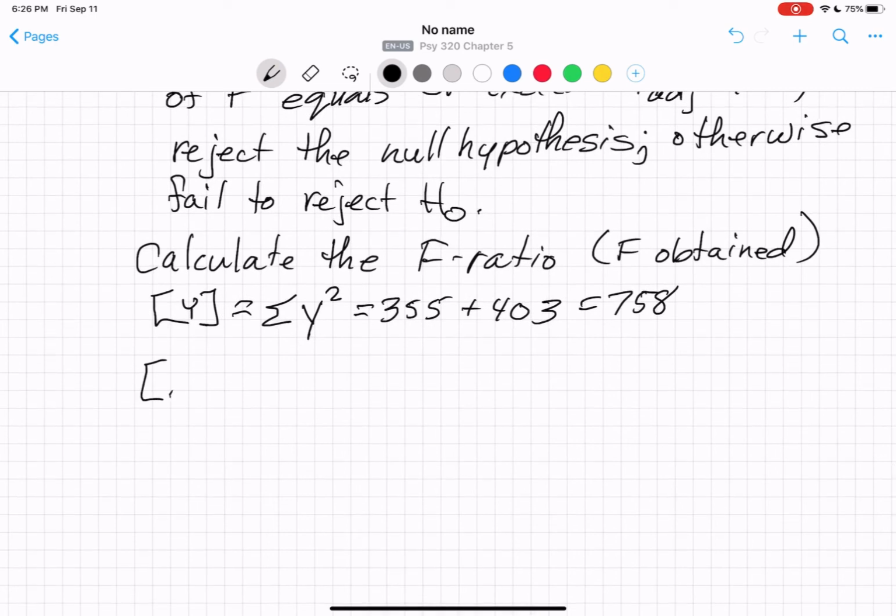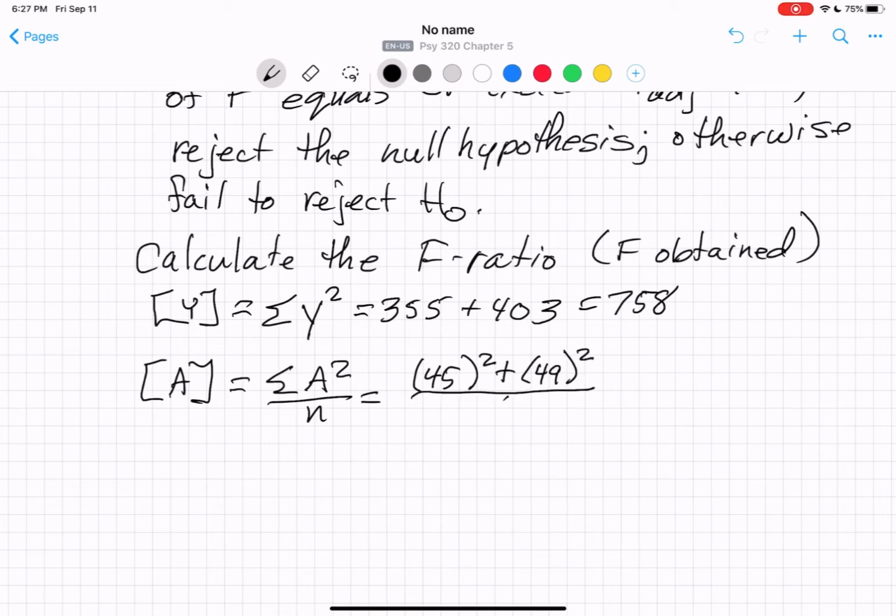Next, we're going to do the basic ratio for A. So this is the sum of A squared over n. We're going to take the A's, that's the total for each group. The total for group 1 is 45, and we're going to square that, plus the total for group 2 is 49, square that. And our n is 6.